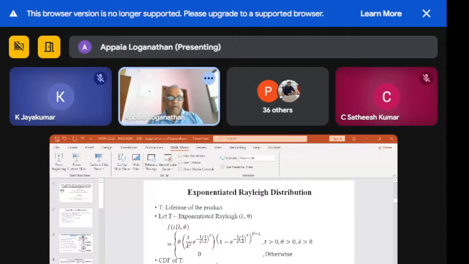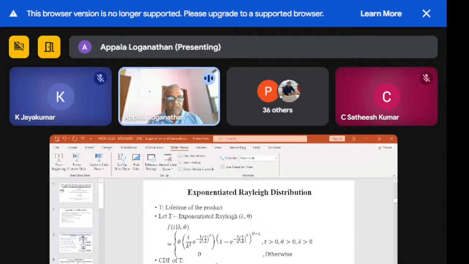So this is the exponentiated Rayleigh distribution. If T represents the lifetime of the product, the probability density function of the exponentiated Rayleigh distribution is defined in this way, and the cumulative distribution function of this lifetime random variable is this one.